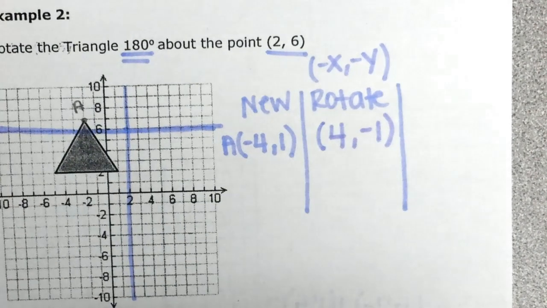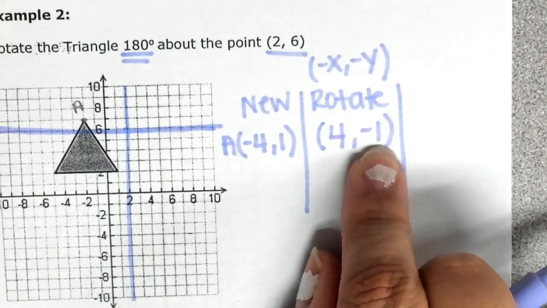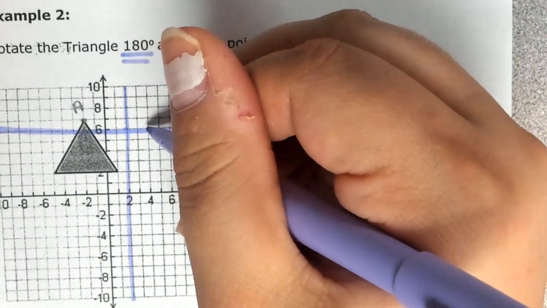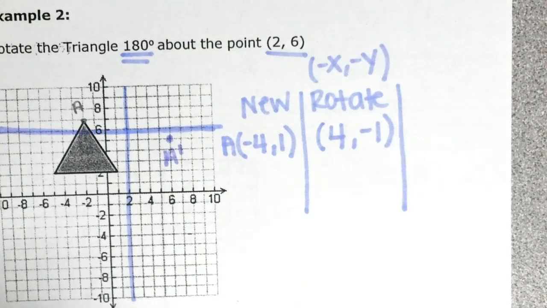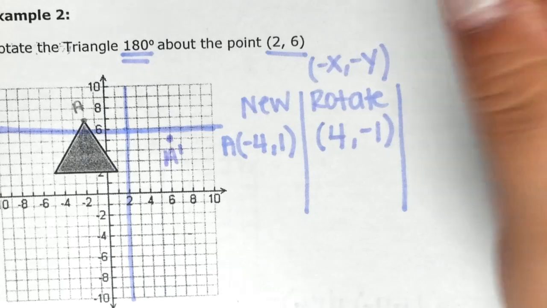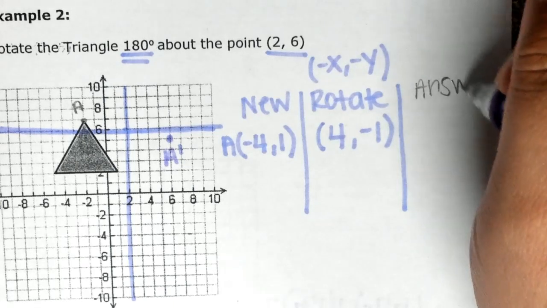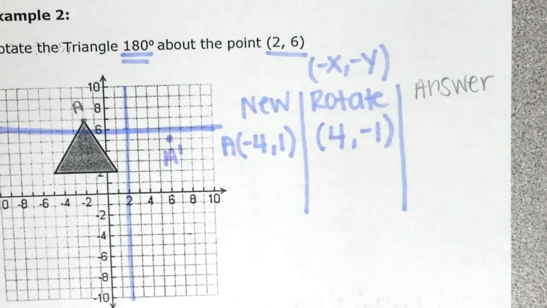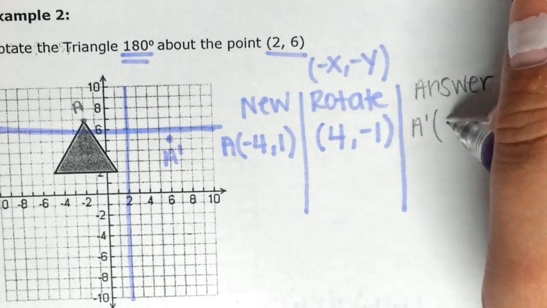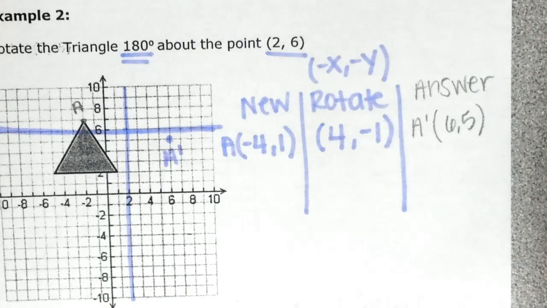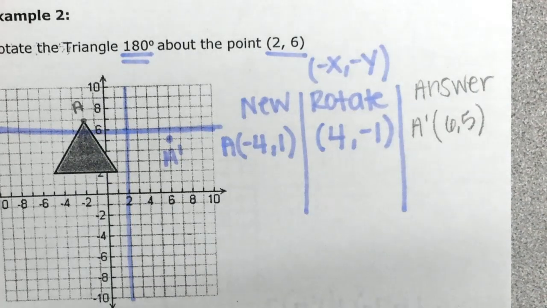What do I do now? Plot that point, 4, negative 1, according to your new origin. And where is that at? 6, 5. Y'all agree?